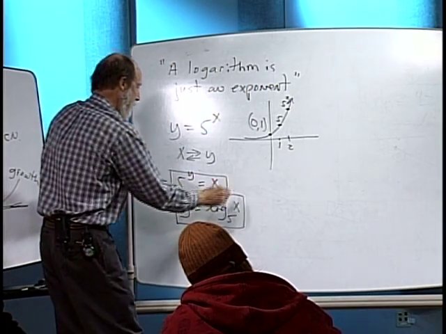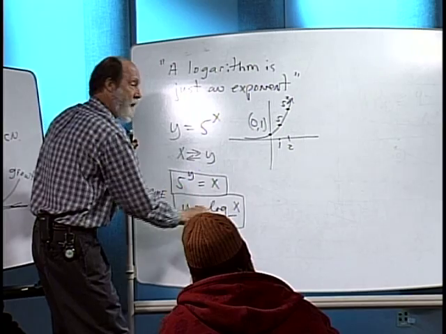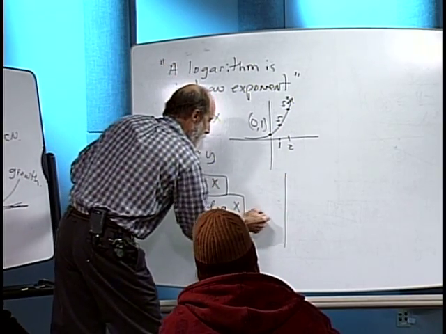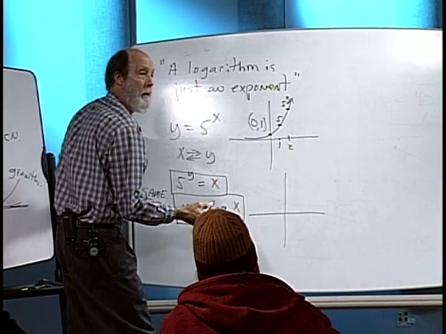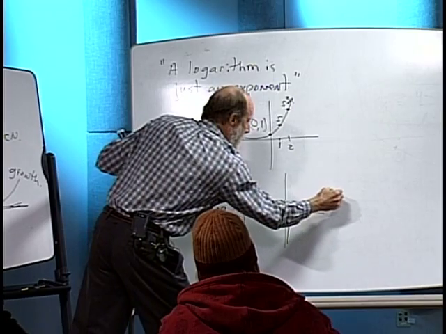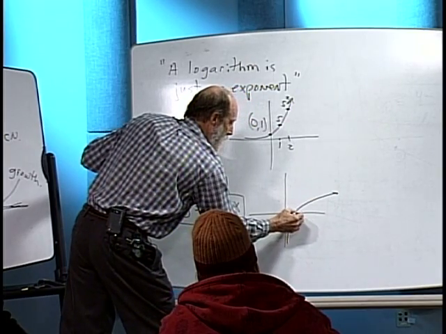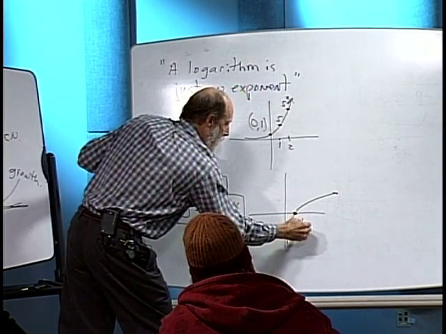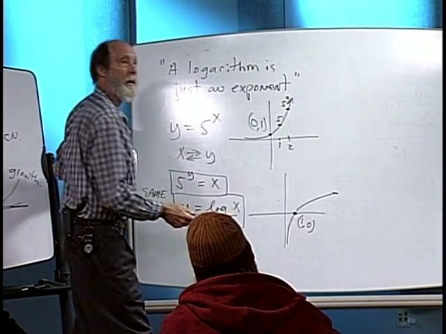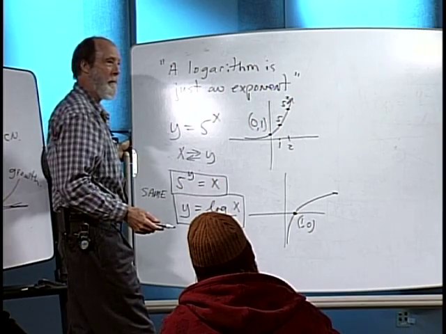The sketch of this relationship you see right here is going to be what I just said on the previous board. It's going to look like this, going through what important point? 1, 0. And what would be another very important point? 5.